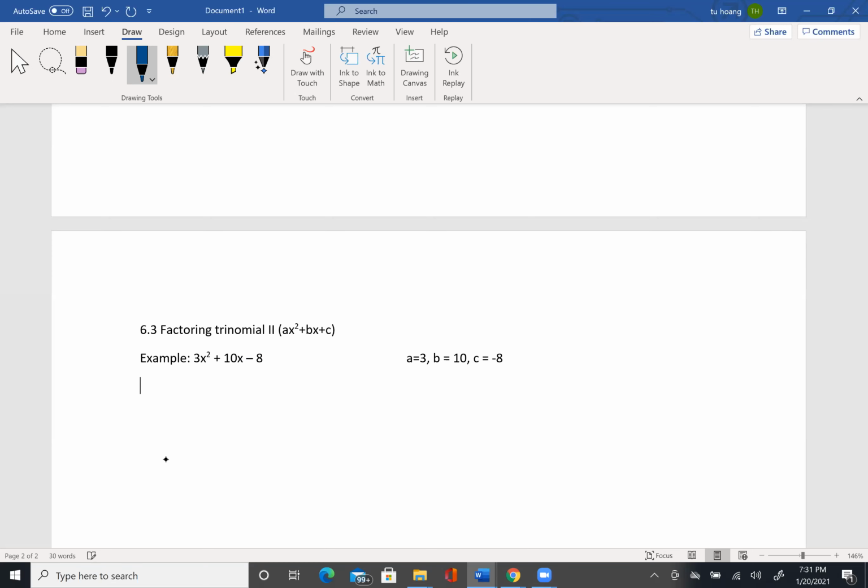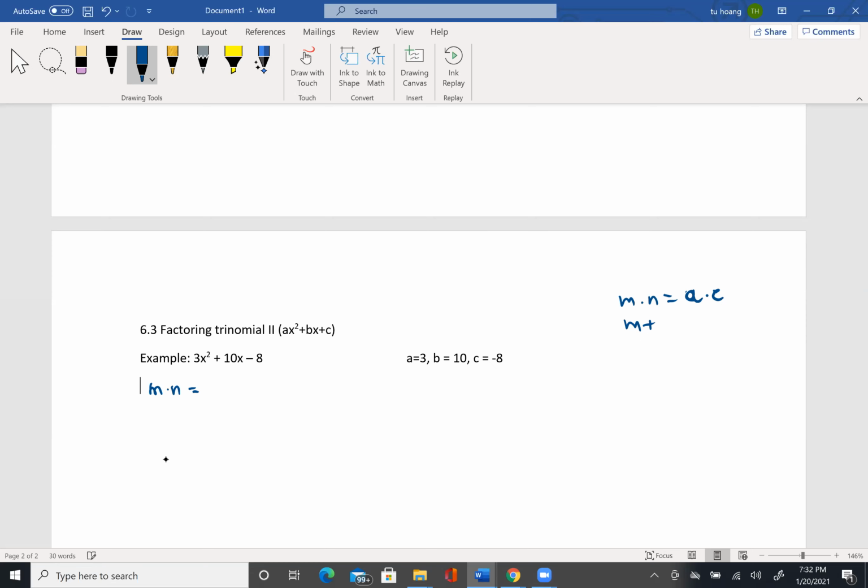Now you should know that m times n, let me write it better. Sorry, m times n is going to be equal to a times c, because this is the trinomial form number 2.